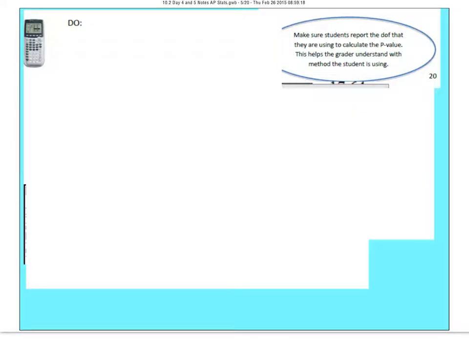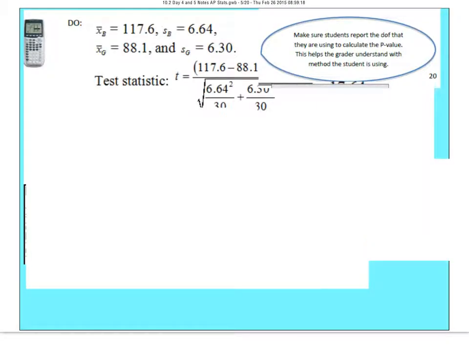For the do portion, let's look both at what I would manually write down and what happens if I did it on the calculator. So for the manual information, we do want to have the means and standard deviations listed, which we do. That is going to help us compute the test statistic. Now, a little bit of this got cut off, but what we have here is the mean of Bounty minus generic, minus what we think the difference is, 0.